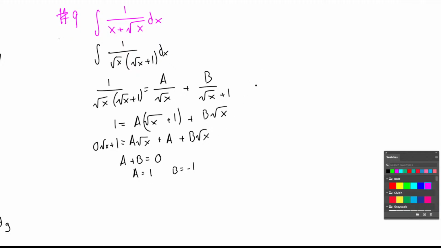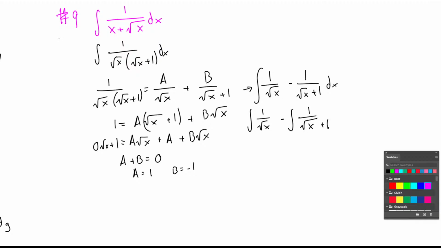So that becomes 1 over root x minus 1 over root x plus 1. Integral of all of this. Then we're able to split that into 1 over root x minus, what is this except that? And I still don't know how to do this part.